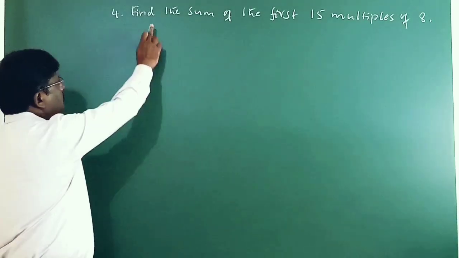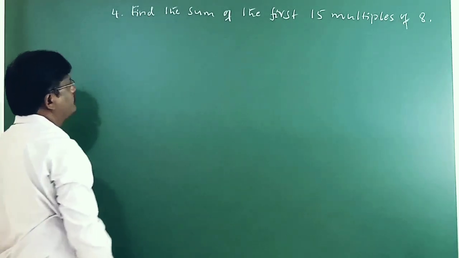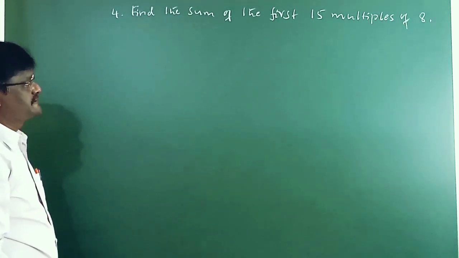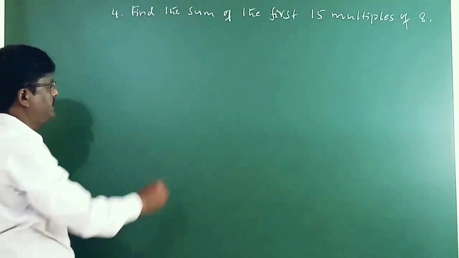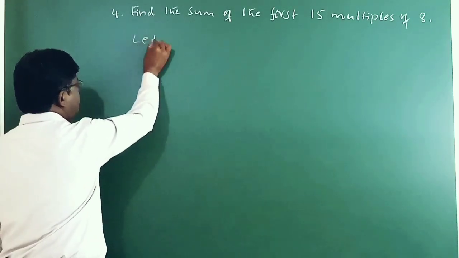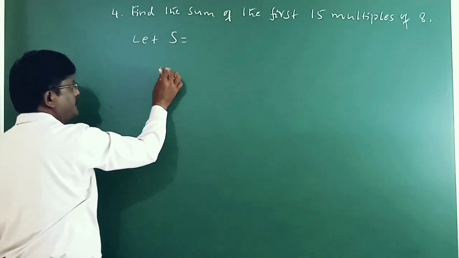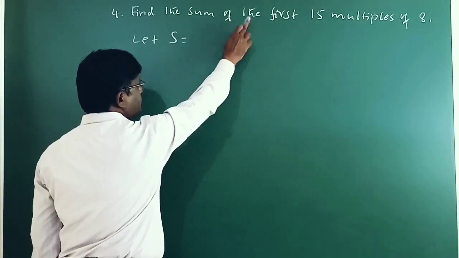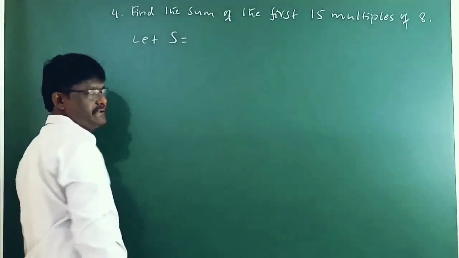Now here in the fourth, find the sum of the first 15 multiples of 8. Let us take S stands for sum, the first 15 multiples of 8.